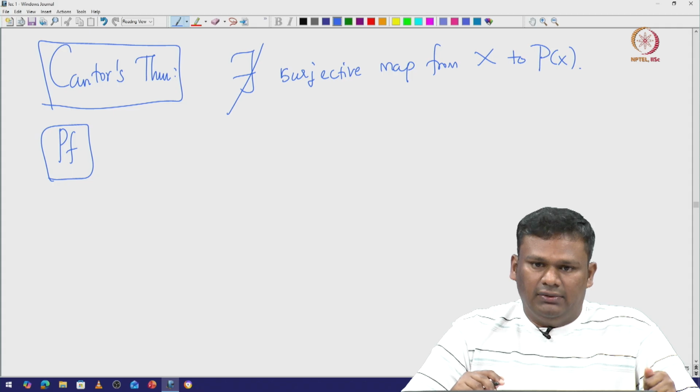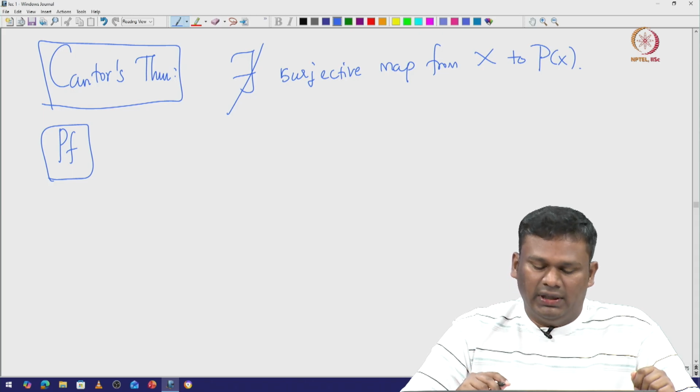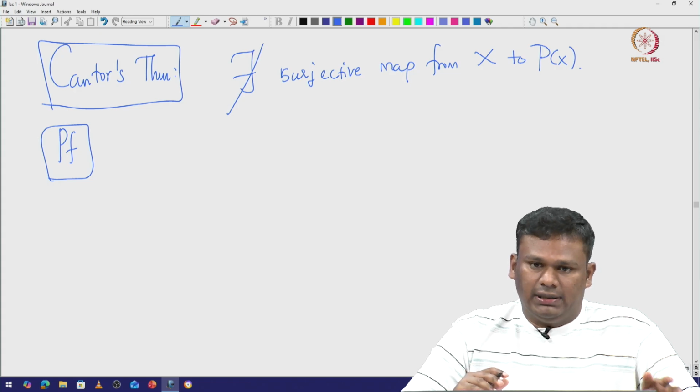That is the second way to do it. The third way is the most powerful way, used a lot in mathematics, in analysis, algebra, topology and so on: proof by contradiction.